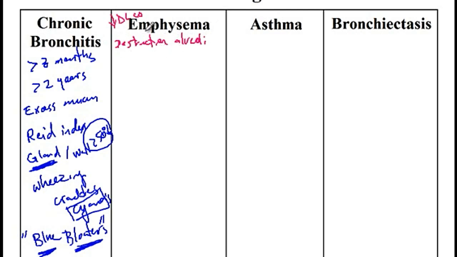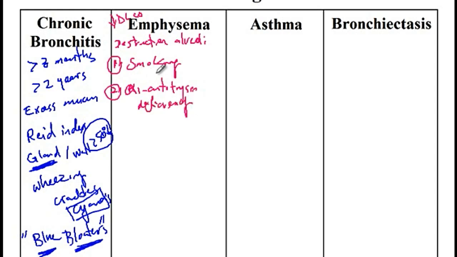And there are 2 different causes of emphysema. Number 1 is smoking, and number 2 is the alpha-1 antitrypsin deficiency. So what smoking does is that it increases the activation of PMNs as well as the macrophages, which will cause increased elastase activity, and thus it will destroy the alveoli.